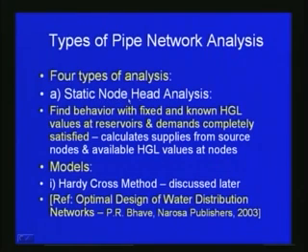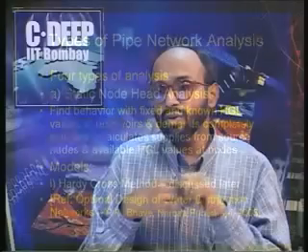So, it is one of the most commonly used analyses for pipe networks. A number of models are available, and a few are described here. One of the most commonly used is the Hardy-Cross method, which we will be discussing in detail later.